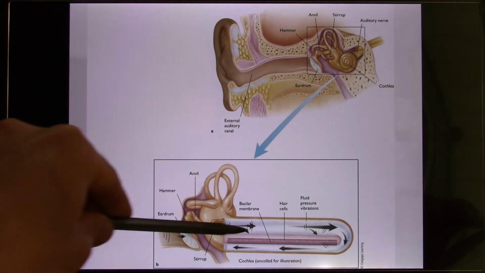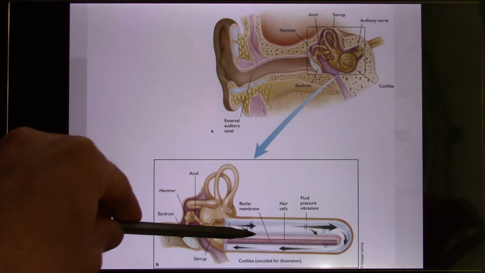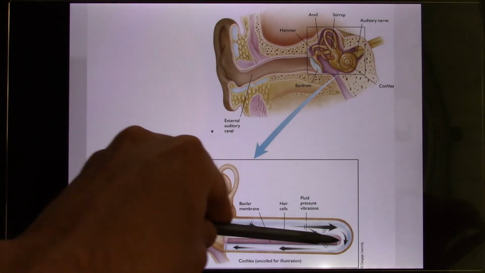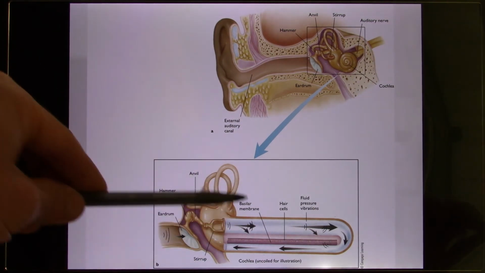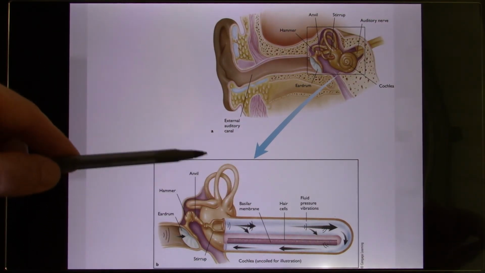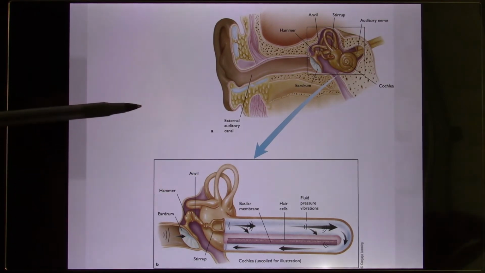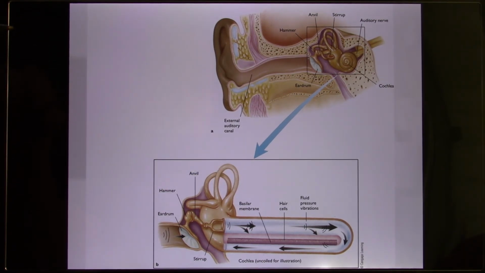And this part, the organ of Corti, is covered by the endolymph, the liquid is going to flow as well. And it will push the hair cells. On the basilar membrane, there are the hair cells, and when these hair cells move, they're like rods and cones. They transfer the sound into the neuronal signal.